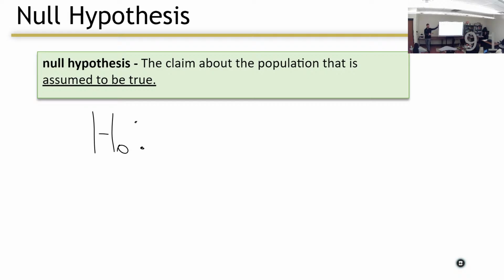Don't put equals after H naught. After that part we put the parameter. It's going to be p or mu. If it's means, it's mu; if it's proportions, it's p. And that's where you put the equals.